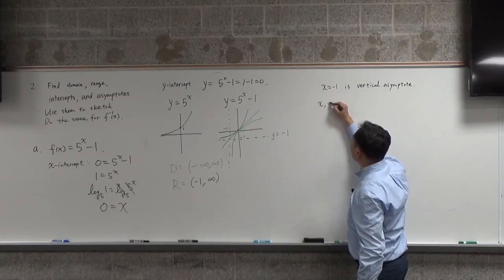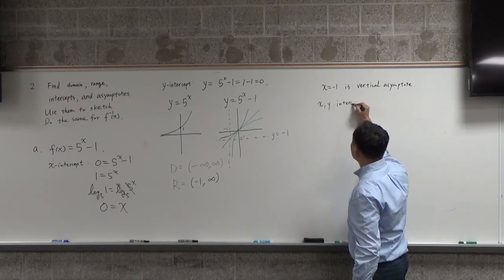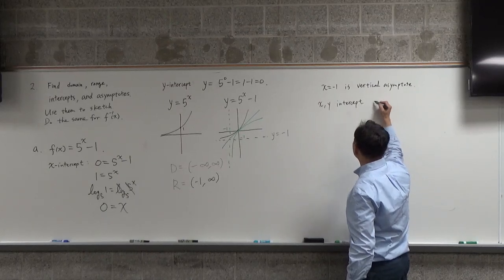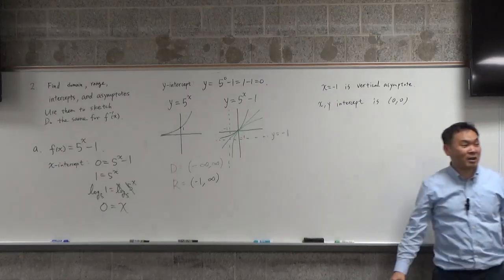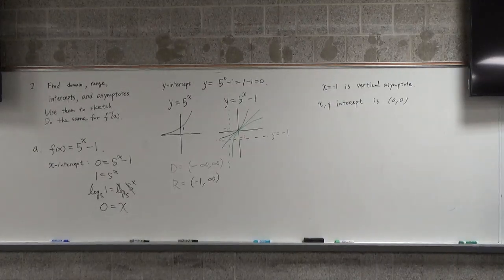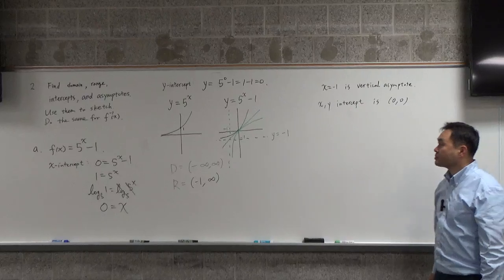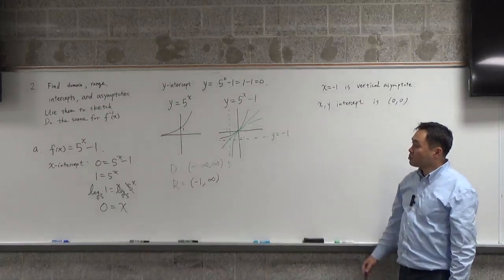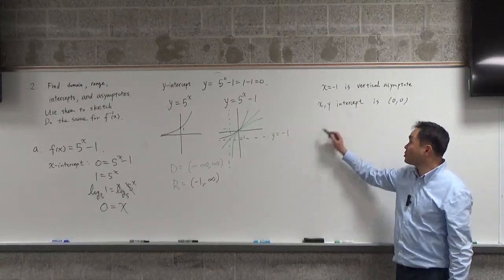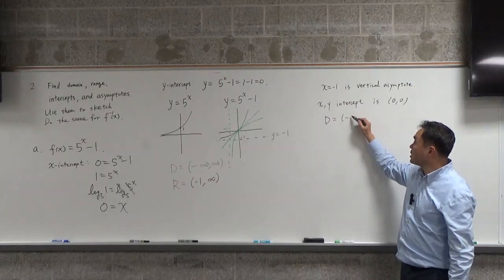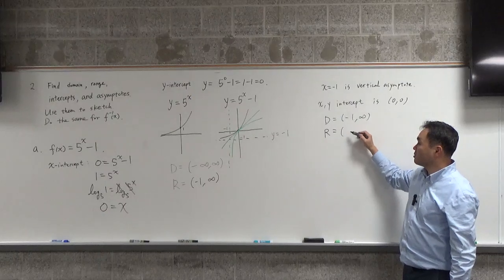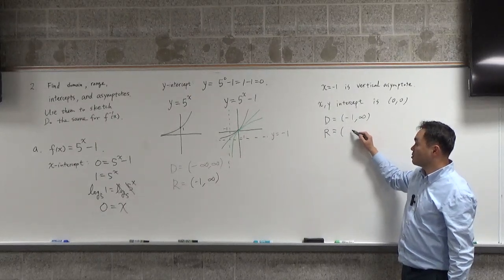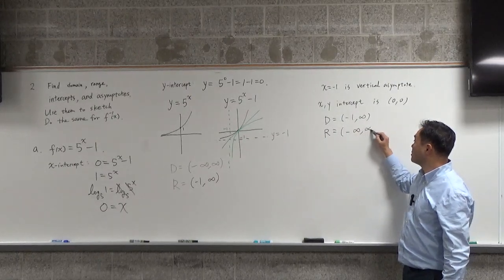And then the x and y intercepts are just (0, 0). That's the only place where the graph passes through the x-axis or y-axis. And then domain and range will just switch those two around, right? So domain would be -1 to infinity. Range would be -infinity to infinity.